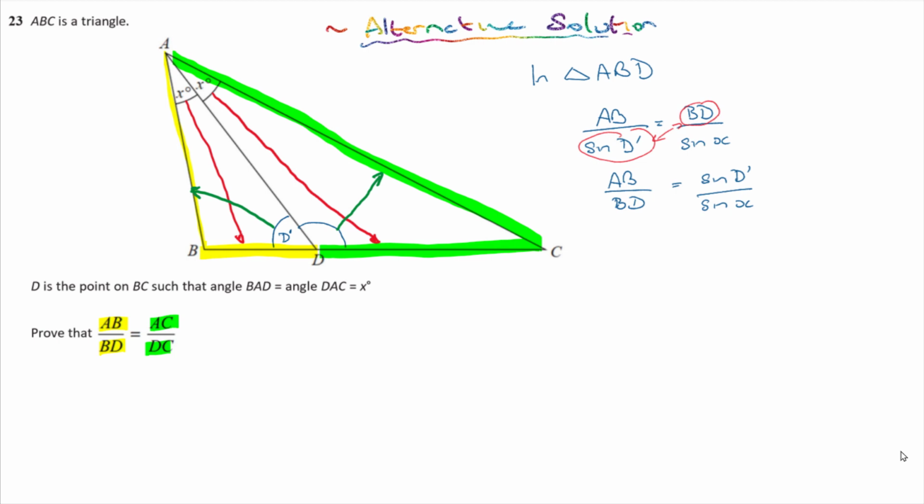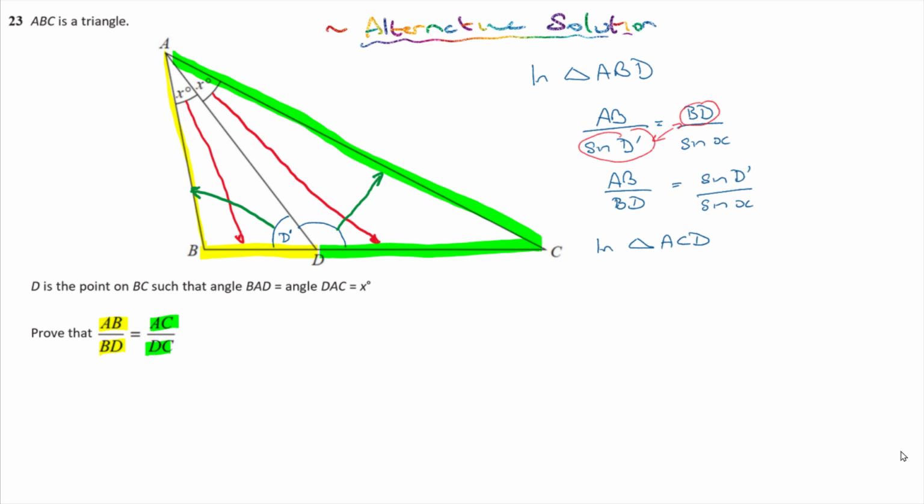Now let's switch to the other triangle, triangle ACD. So in triangle ACD. Okay, now I'm going to do the same thing. I'm going to use the sine rule to find those 2 green lines there.